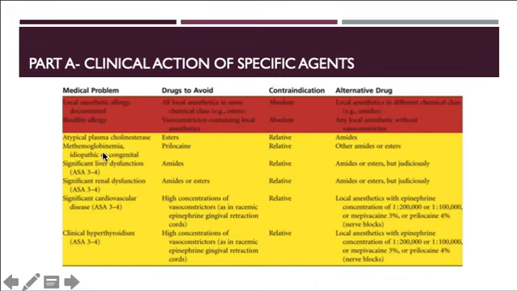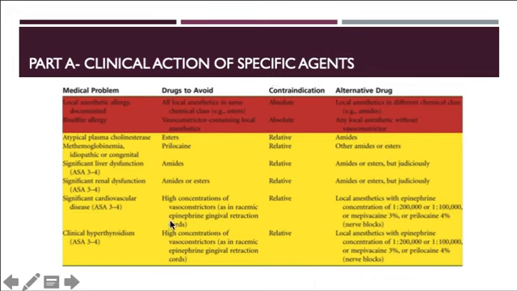Really, methemoglobinemia, we talked a little bit about that last time with respect to using prilocaine. And remember, orthotoluidine is the toxic metabolite of prilocaine that can actually trigger methemoglobinemia in someone who's already prone to that. So, significant liver dysfunction, significant renal dysfunction, significant cardiovascular disease.